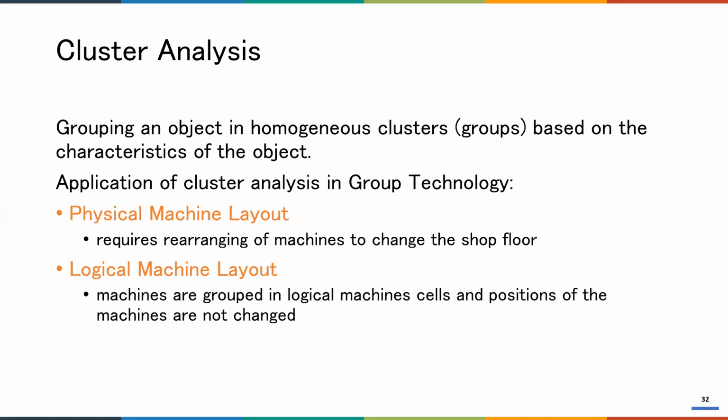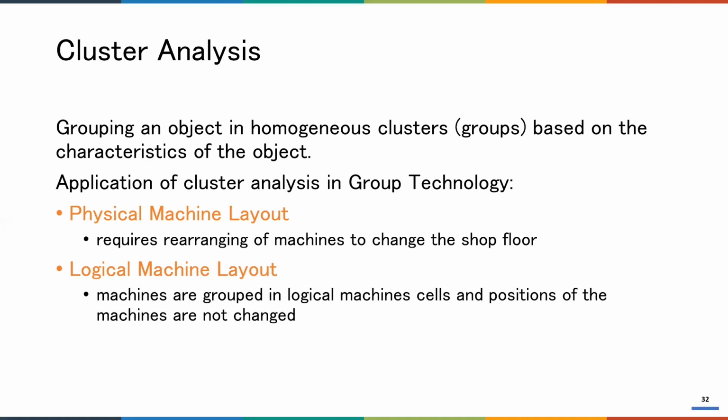And then we move to the cluster analysis. As I mentioned before, in cluster analysis, we can have a matrix-based calculation, the mathematical programming, or the graph formulation. And for doing the cluster analysis, you can actually do it physically.